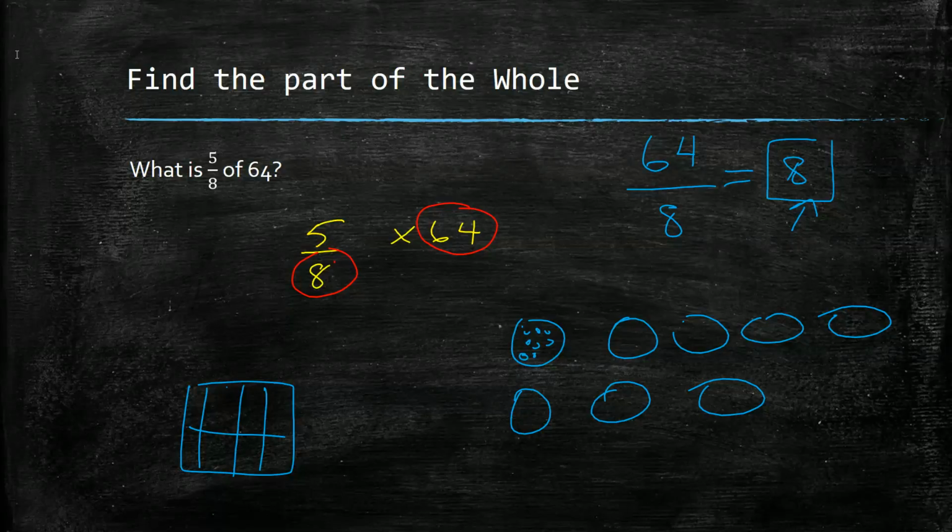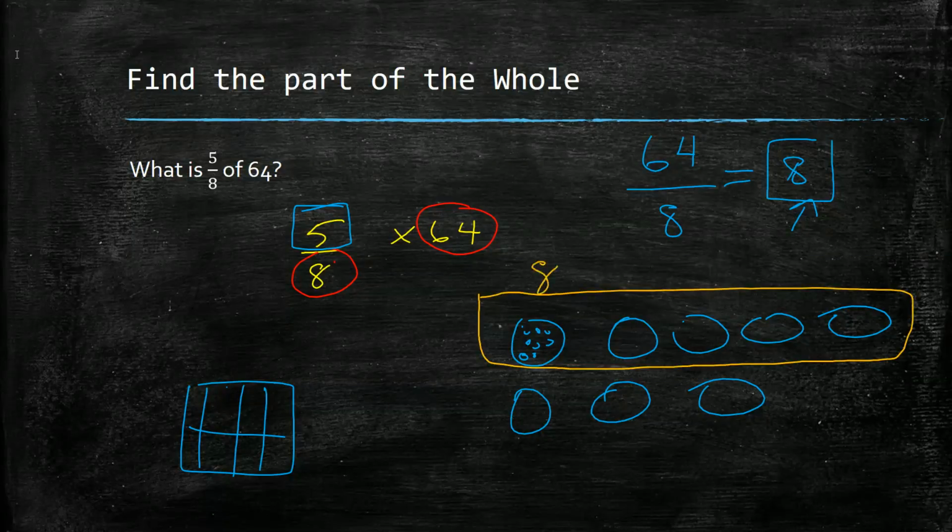So if I have 5 out of those groups, 1, 2, 3, 4, 5, each with 8 pieces, I take 8 and multiply it by 5, and I get my answer of 40.